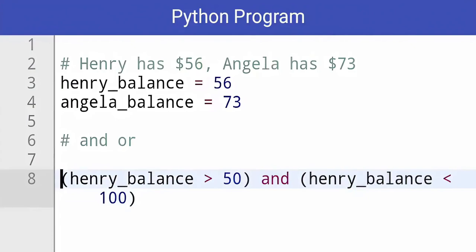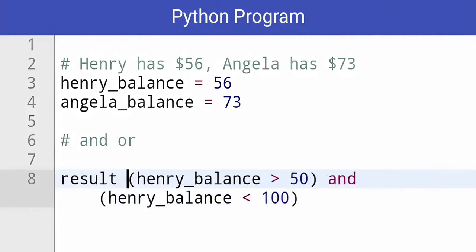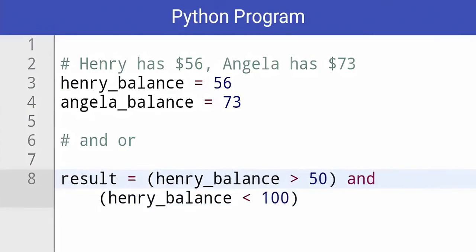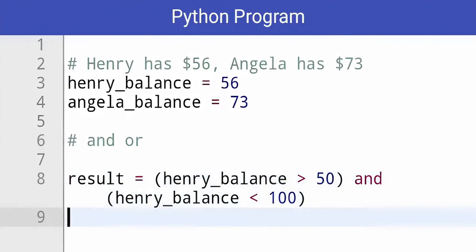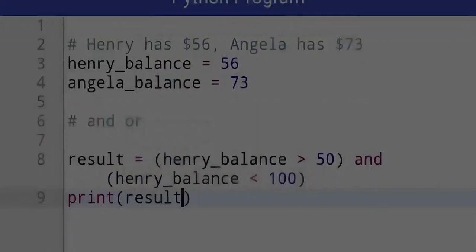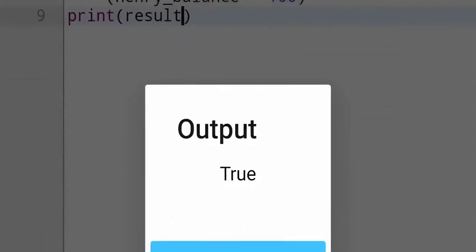And let's assign the result to a variable called results. So if we print out the results, we should get the value true, because 56 is in the range of 50 to 100.